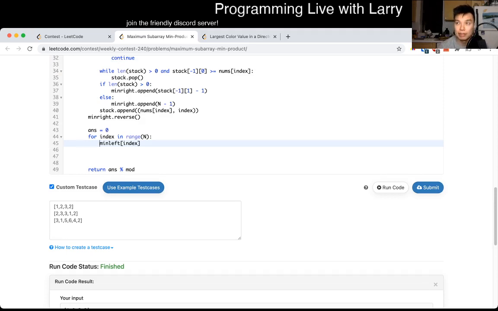So using prefix sum, it goes from the left index to the right index.